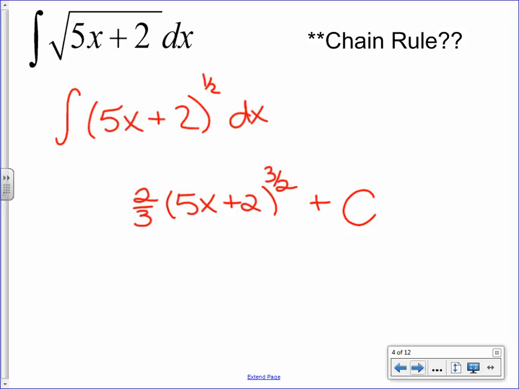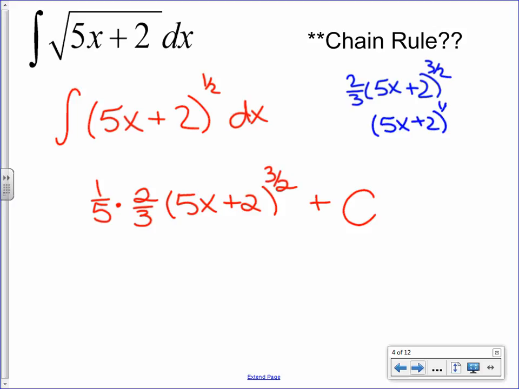So you need to divide it all by 5. So we would need to divide by 5, or multiply by 1/5. Over here, if I had the 2/3 times 5x plus 2 to the 3/2, if we took this derivative, our power would come in front and cancel out. We would have 5x plus 2 to the 1/2, and then we would multiply by the derivative of the inside, which is 5.